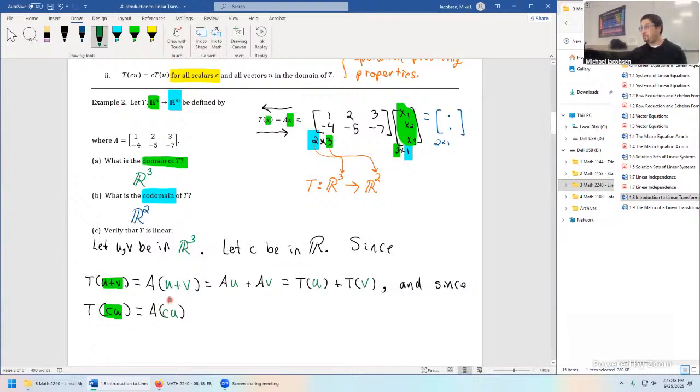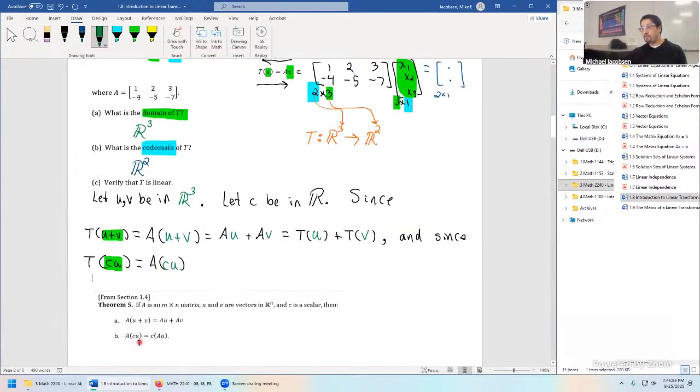At this point, you probably have a good idea what we're doing next. We go to theorem 1.4, and we use this property. Scalar multiplication has a type of commutativity. The C can commute out here, and you could just take A times the vector U and scale the result of matrix multiplication there.